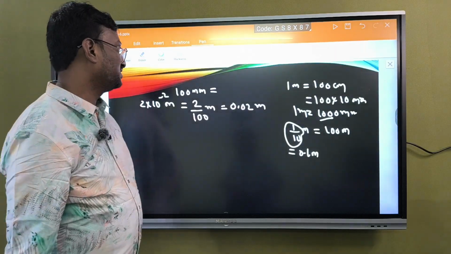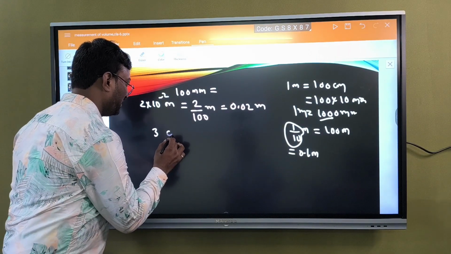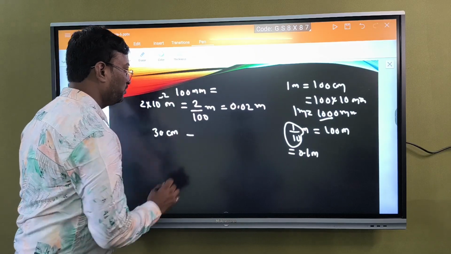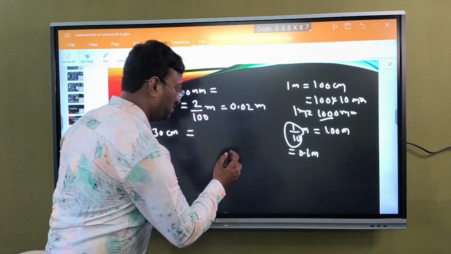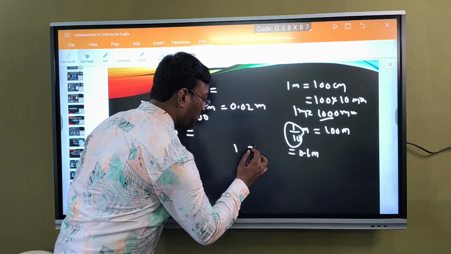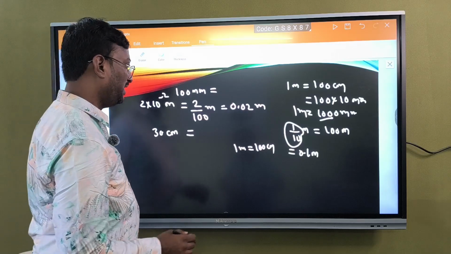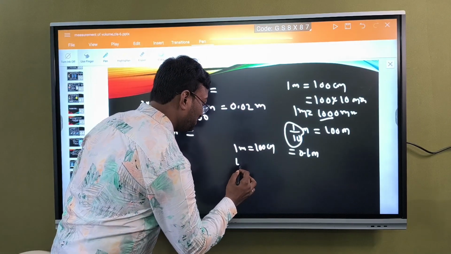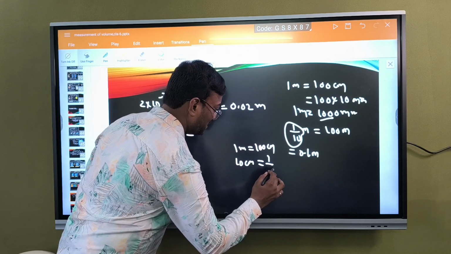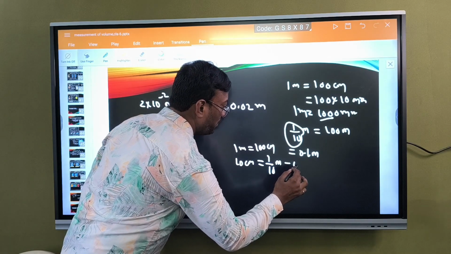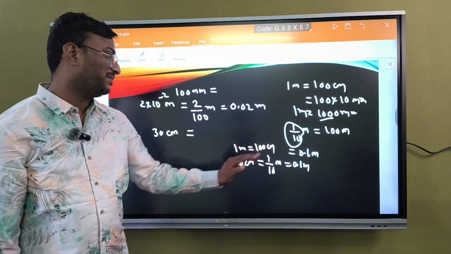Next, try to convert the third one. 30 centimeters should be converted. 30 centimeters. For that, what we do, 1 meter is equal to 100 centimeters, right? 1 meter is equal to 100 centimeters. Then 10 centimeters is equal to 1 by 10 meters, which is equal to 0.1 meters. 10 centimeters is equal to 0.1 meters.